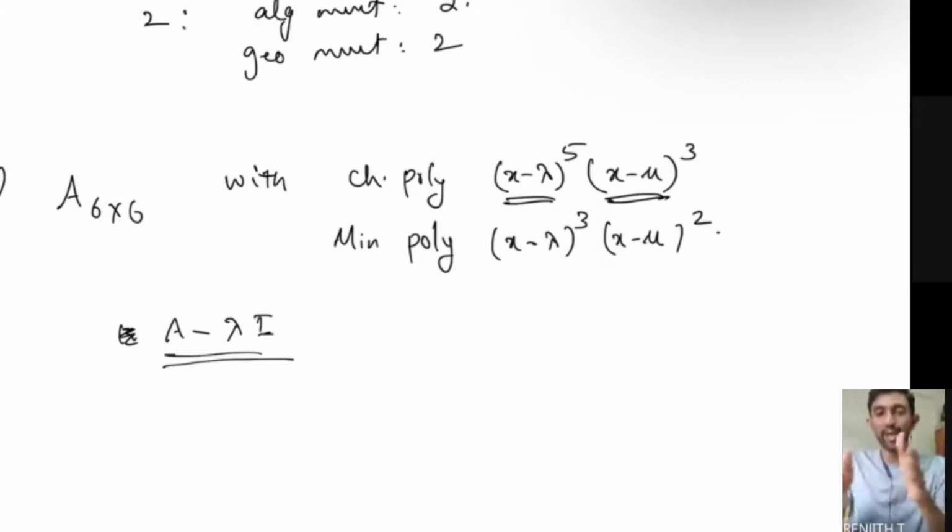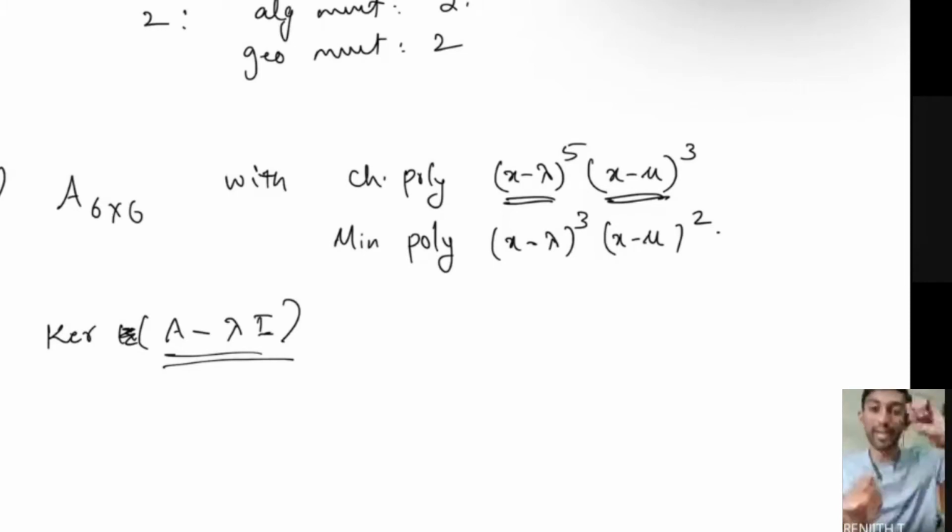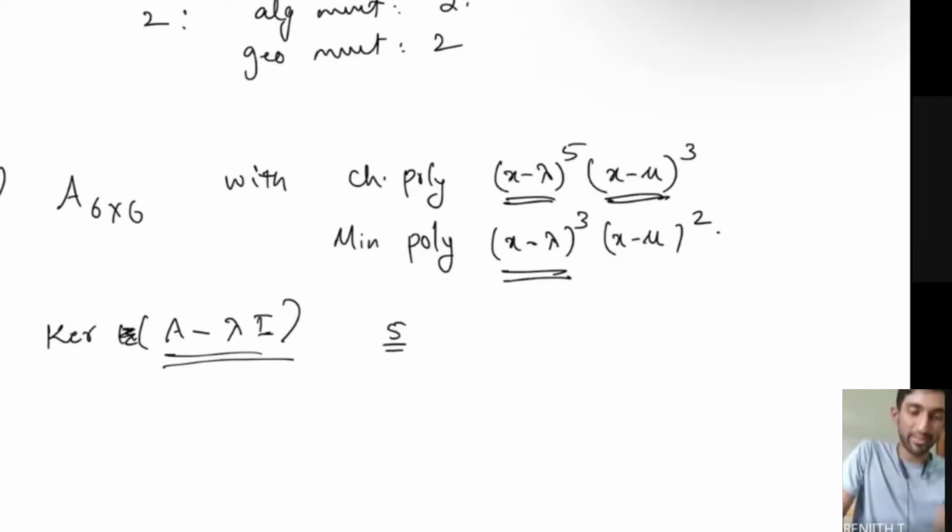So if kernel of A minus lambda I is the full 5 dimensional space, then in that part you have 5 independent vectors, and at that part it will be diagonalizable. Now what the minimal polynomial means, if kernel of A minus lambda I has dimension 5, then in that part A minus lambda I is 0.